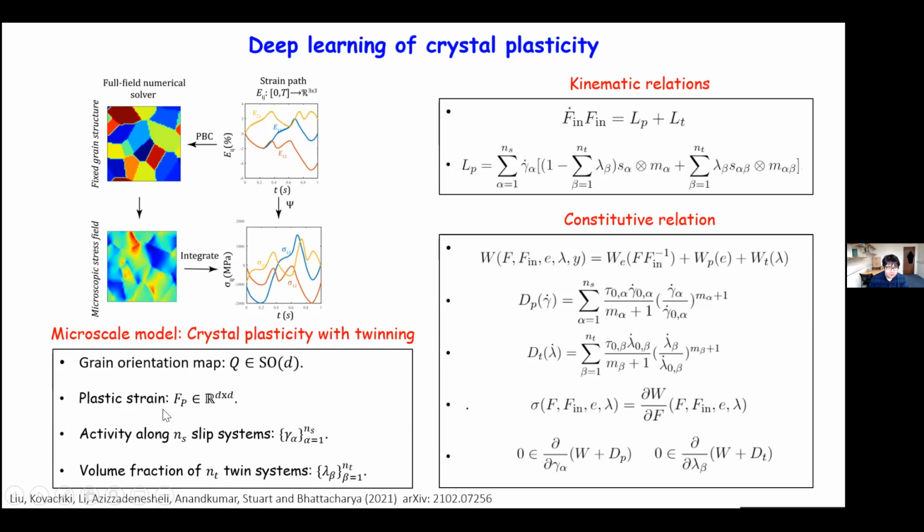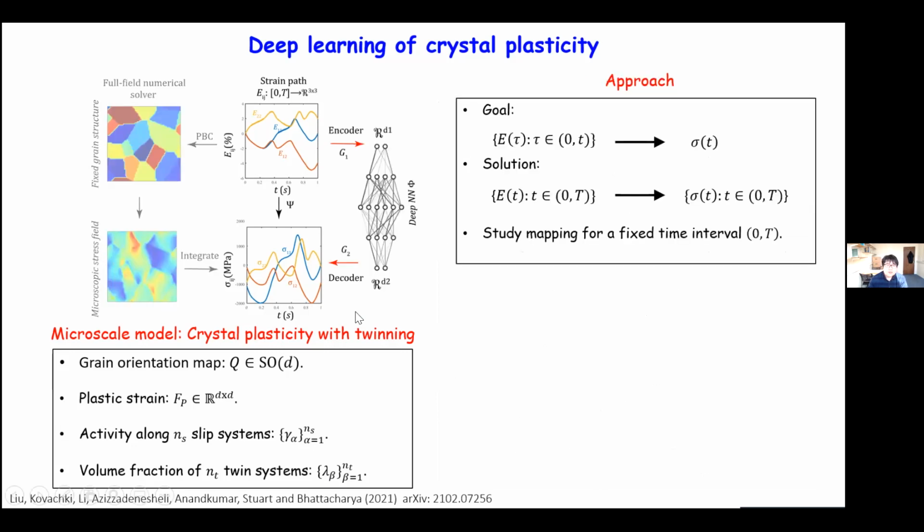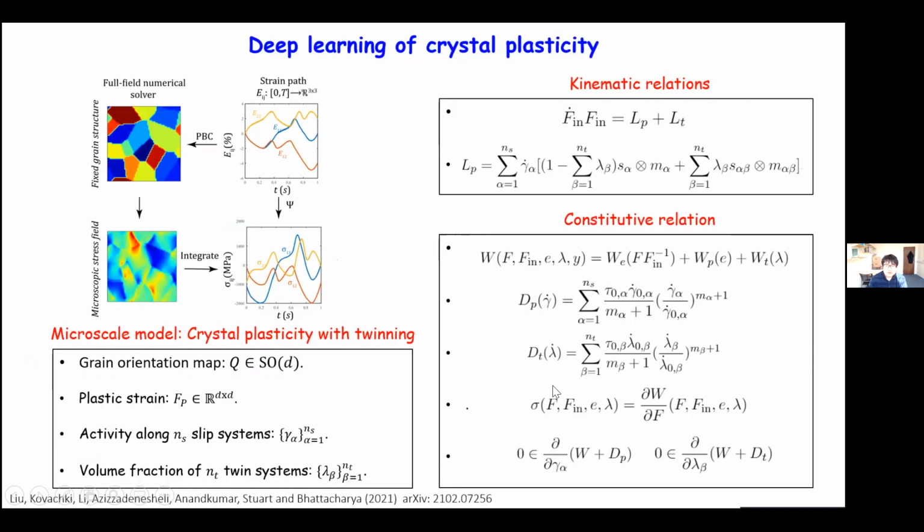This is another state variable, and we have the plastic deformation, which is characterized by the slip systems, and we have also included twinning there. So we have these twin systems, with this lambda beta denoting the twin volume, basically. As you can imagine, solving this system of PDEs in the microscale is very time consuming.